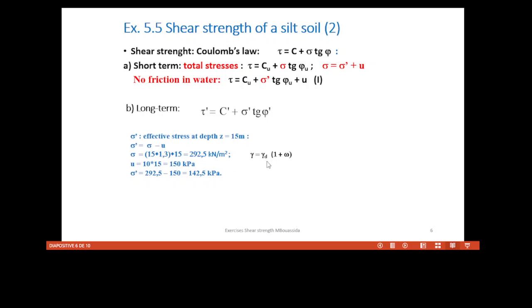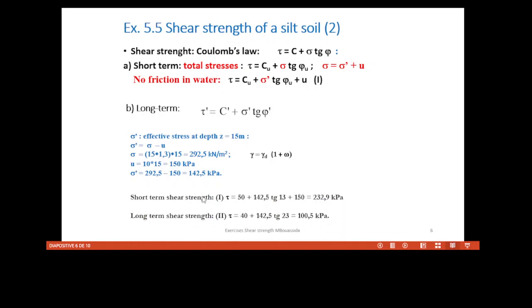It will be 15, the gamma d, times 1 plus 30%, that is 1.3, multiplying 15 meters, and the result is this one. At the same depth, water pressure will be simply 10 by 15, 150 kPa. So sigma dash is the difference between those values. It will be 142.5 kilopascals.